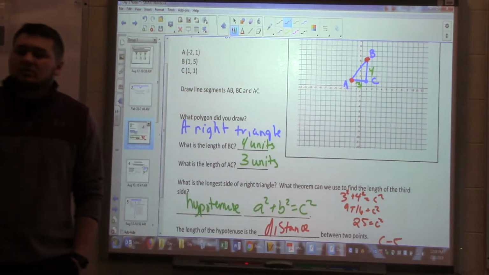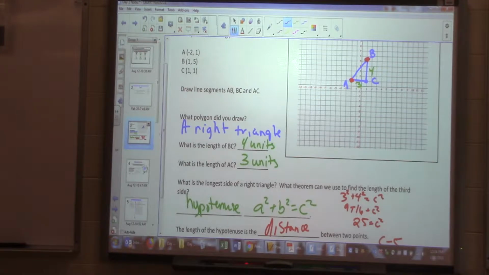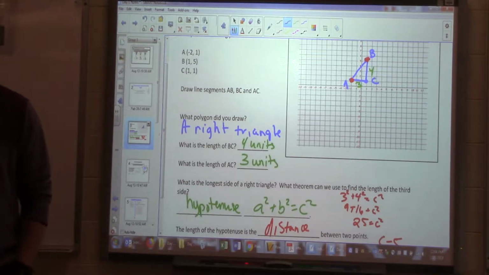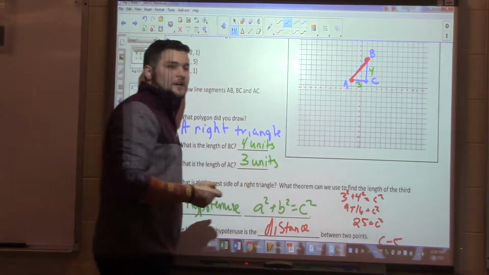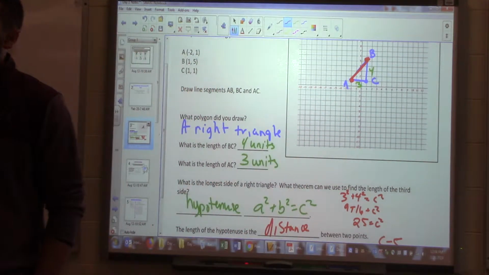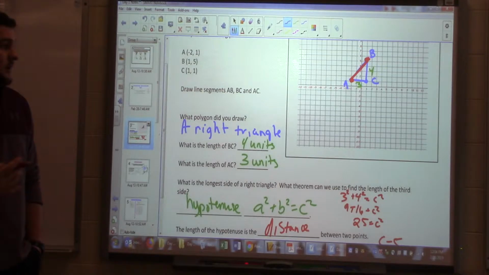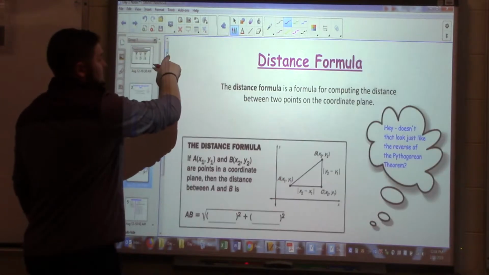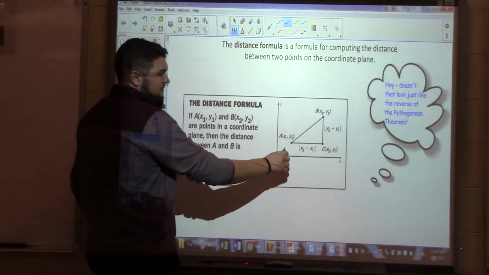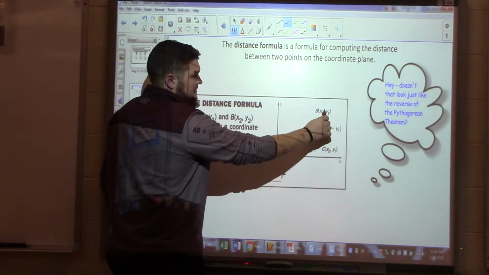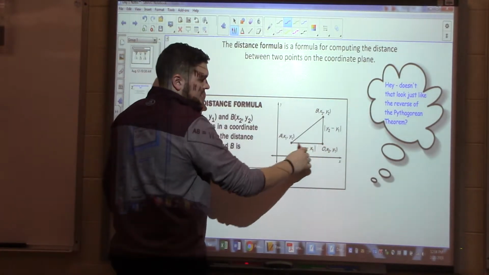Now, the reason we did this exploration is to show you the distance formula, where it comes from. It comes from Pythagorean theorem. Right? So if we look at our next page, our distance formula comes from taking x1 and subtracting x2, or x2 minus x1.